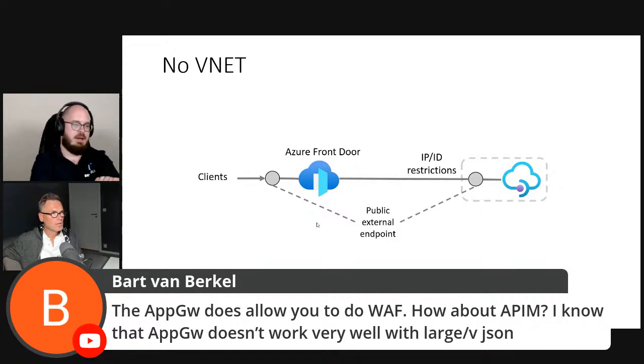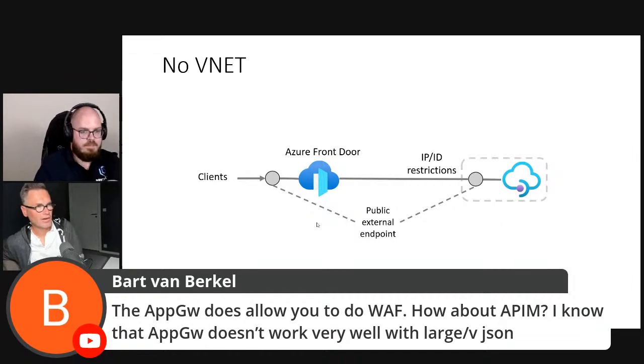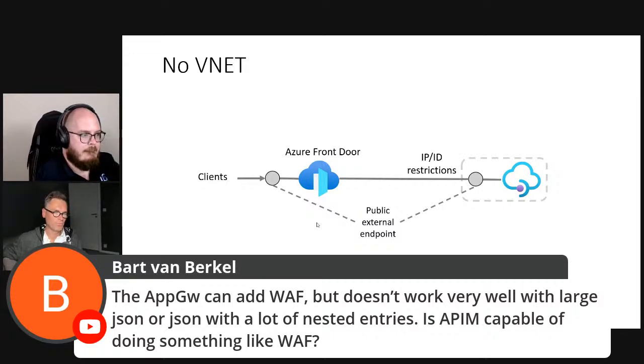But how about APIM? No, APIM has no such thing. The only thing you can do is validate the request, but it has no web application firewall itself. So you have to use it from app gateway.